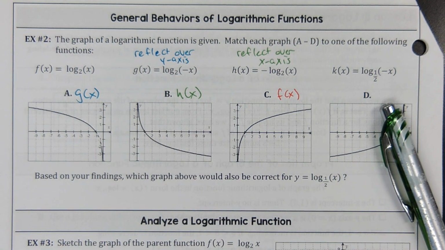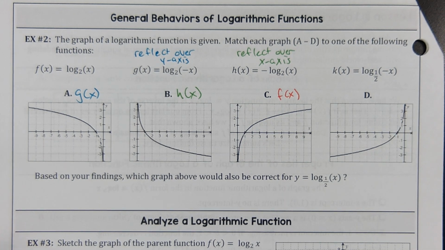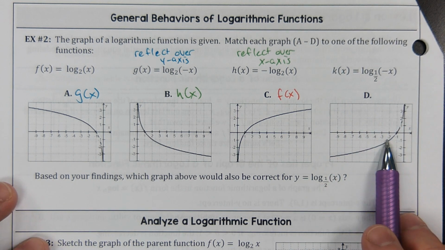Anyway, through process of elimination, we can see that there's only one function left and one graph left. I need you to see, though, that the logarithmic base is between 0 and 1. So I can no longer say points up and to the left. We could see that this one points down and to the left.